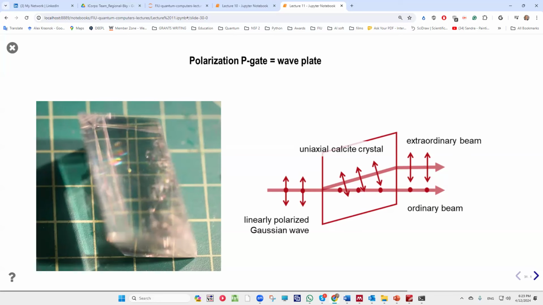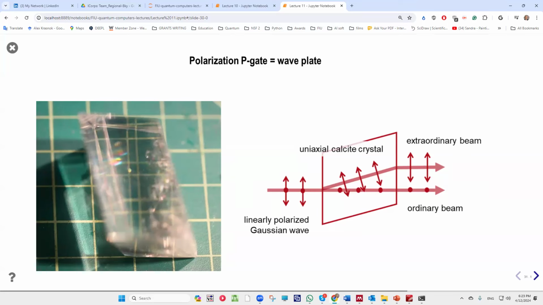In fact, this is a transparent crystal, okay, with some amount of optical anisotropy. So optical anisotropy is the property that light travels with slightly different speed through the crystal.